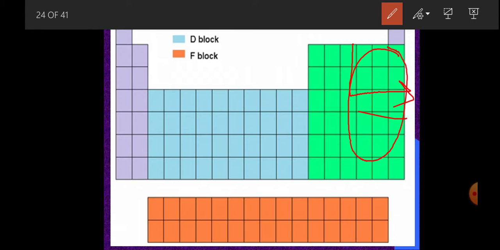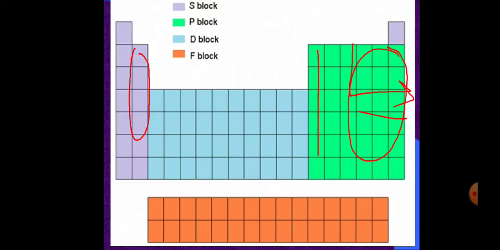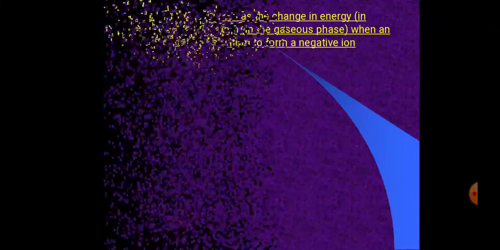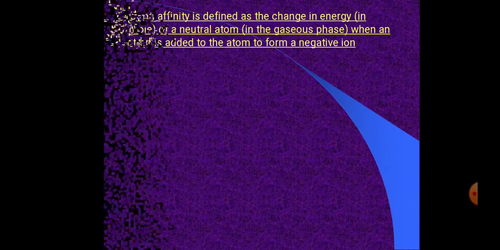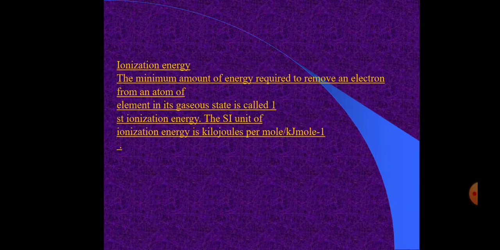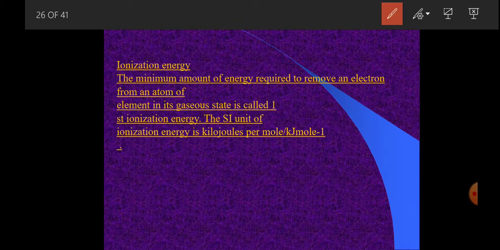For these other elements that are in this particular section, especially group 1 and 2 and also 3, a term that describes them, which is not electron affinity, is what we call ionization energy. Ionization energy is the minimum amount of energy required to remove an electron in its gaseous state.